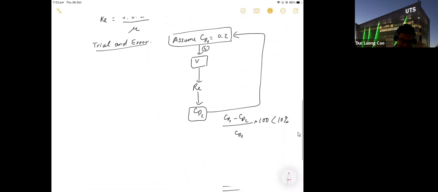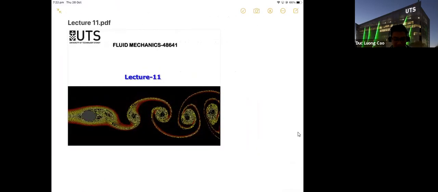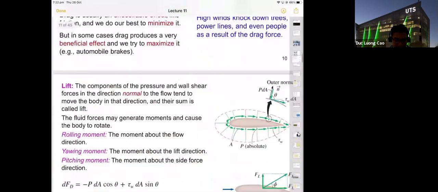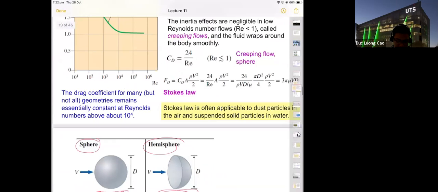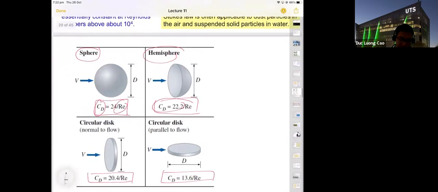Assume, for example, that the Reynolds number is smaller than 1. It means you can use this one. As I showed you, when the Reynolds number is smaller than 1, we have some equations.